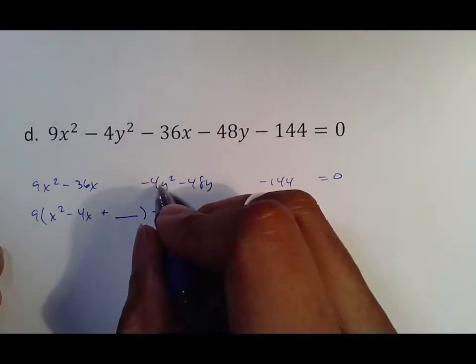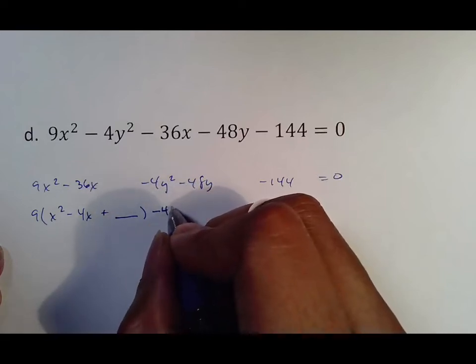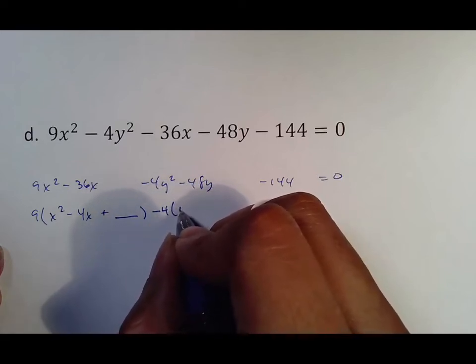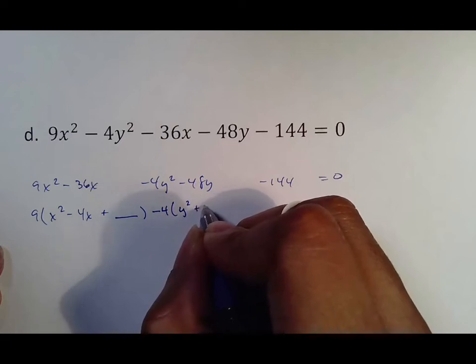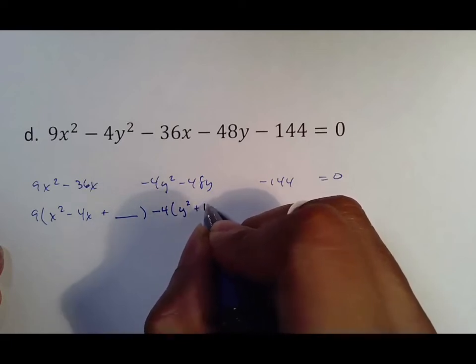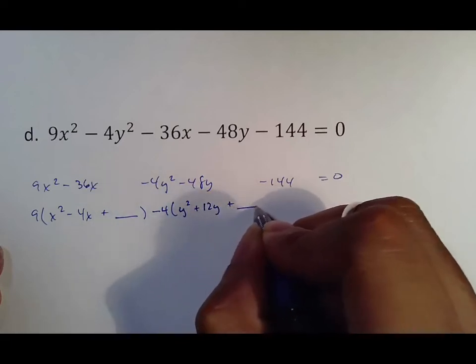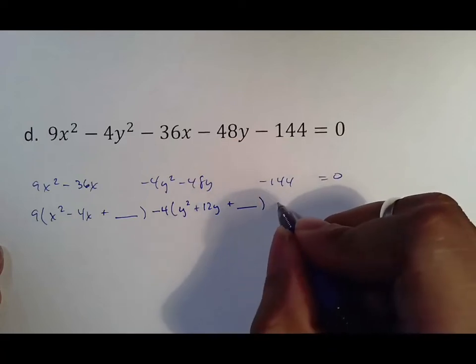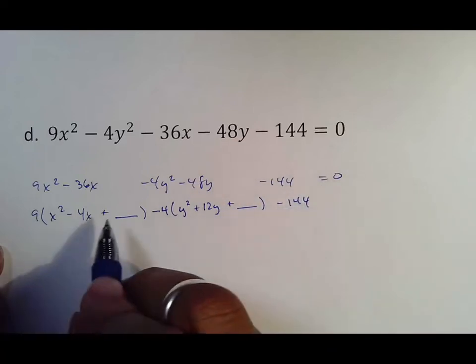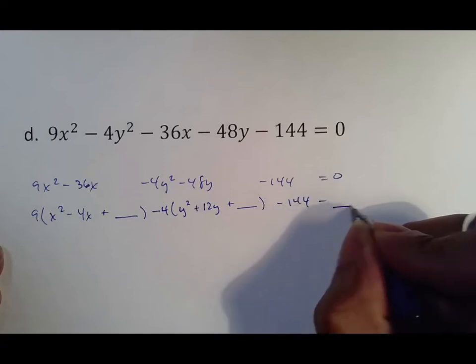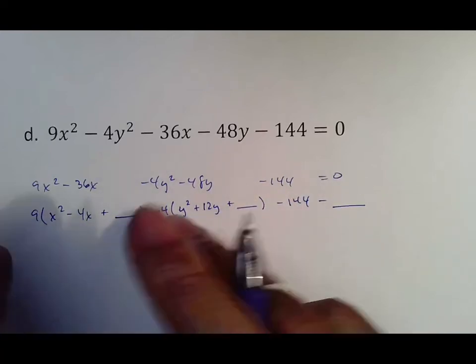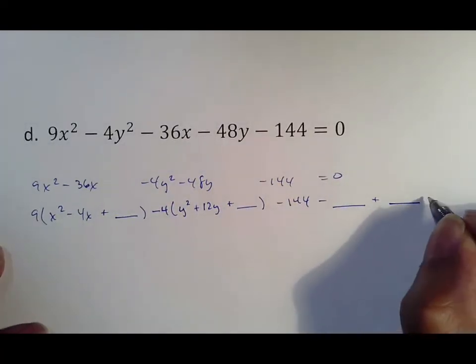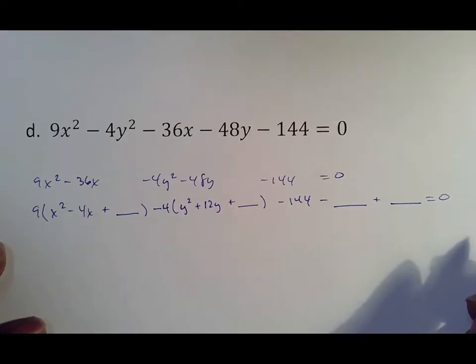Make sure when you take your negative off here that it changes that as well. So we have minus 4 times y squared plus 12, plus blank minus 144. That's going to be a positive number, so minus blank. That is going to be a negative number, so we have to offset it by adding it, equaling 0.